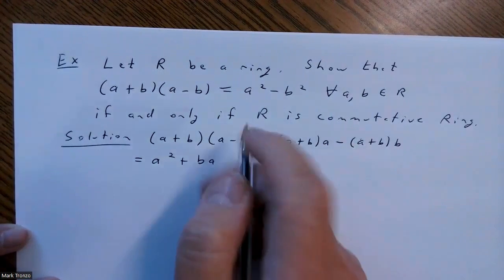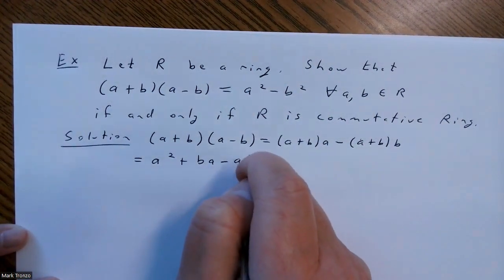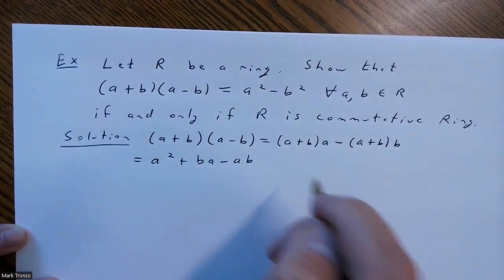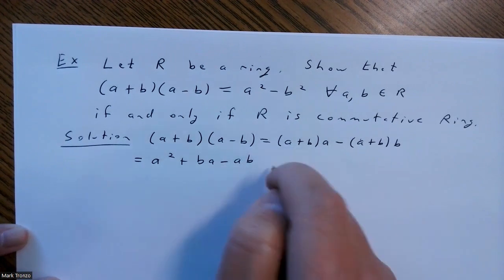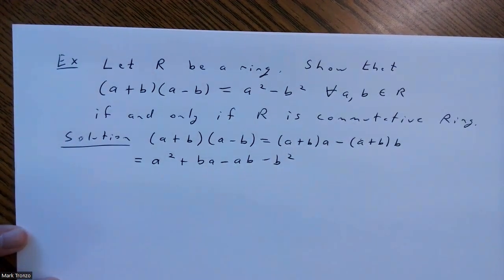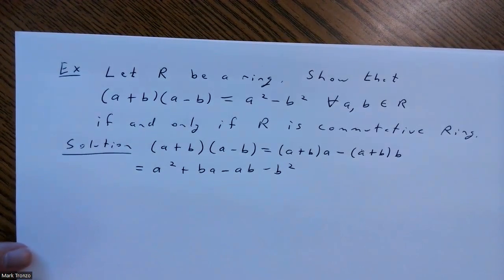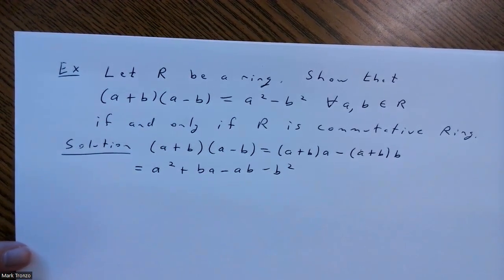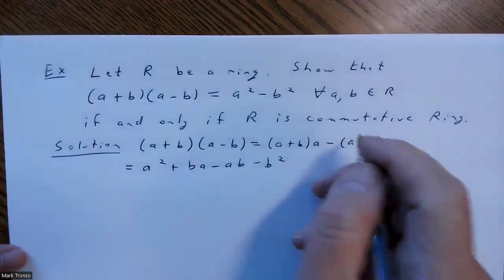And we could distribute the B, AB minus B squared. But now here, of course, if it's just a ring, we can't go any farther. Stop here.